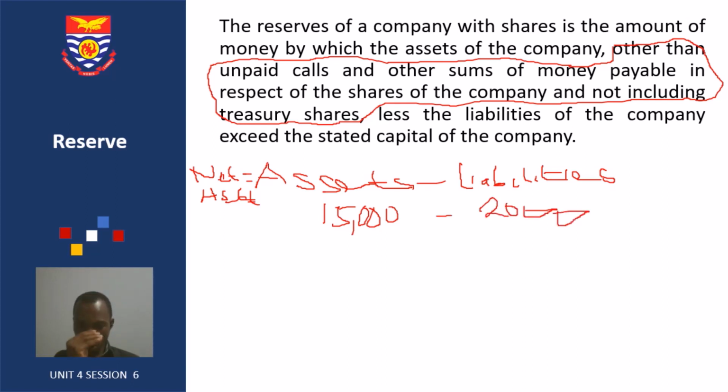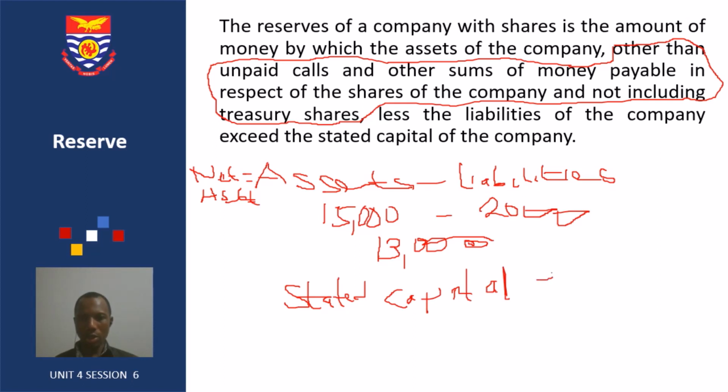It means that your net assets will be 13,000. Assuming that your stated capital is 10,000, now to calculate your reserve, it is the net assets, which is the 13,000, minus the stated capital.